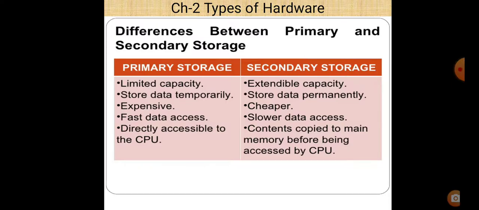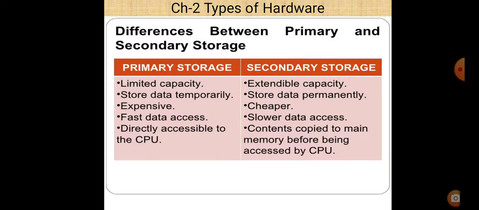Now the difference is very clear. First of all, primary storage is a volatile memory and secondary storage is non-volatile memory. It means that we can store data permanently in secondary storage, while data is stored temporarily in primary storage. And the third thing is that fast data access is there in primary storage, but secondary storage has slower data access.